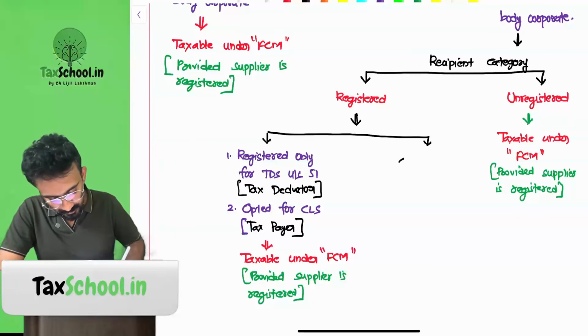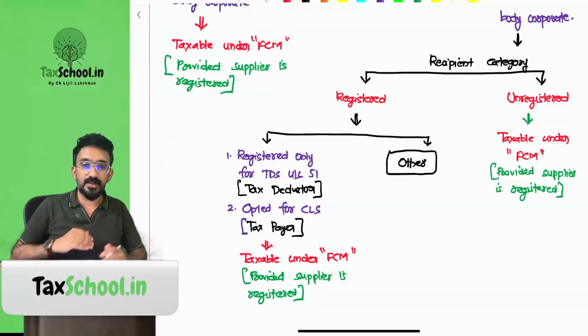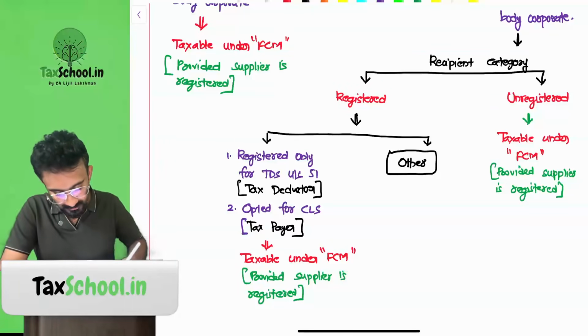Next, other, which means they are registered, but they're not just a tax deductor registration. They're not opted for composition levy scheme.